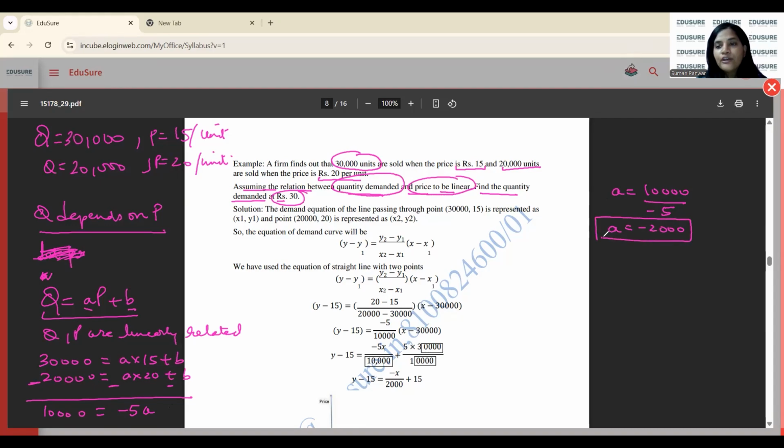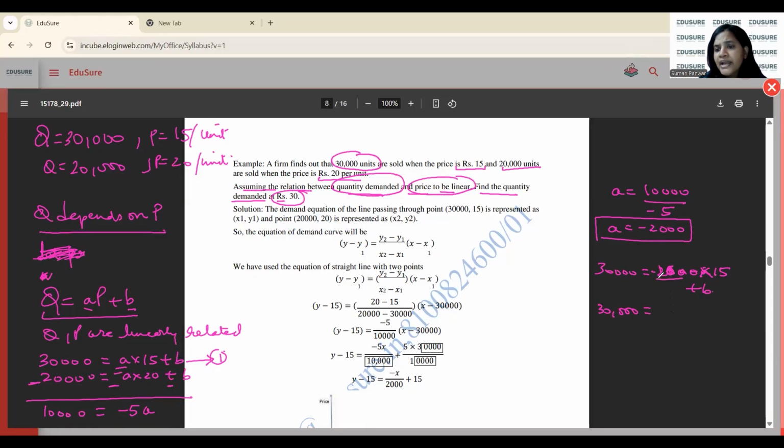First of all, you got the value of A. Now put the value of A in any one of these equations. Let me put this in the first equation. So 30,000 is equal to 15A plus B. So A is coming to be minus 2,000.